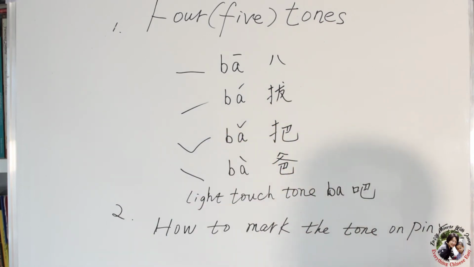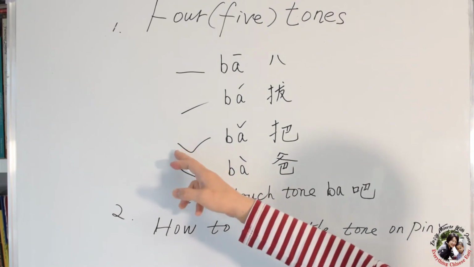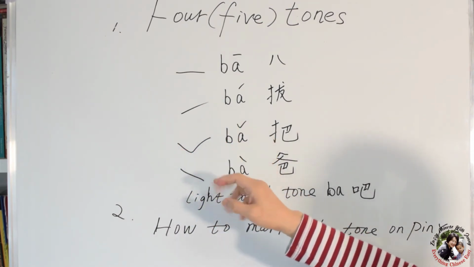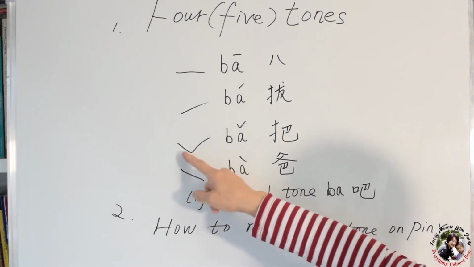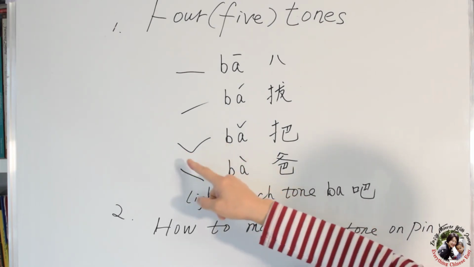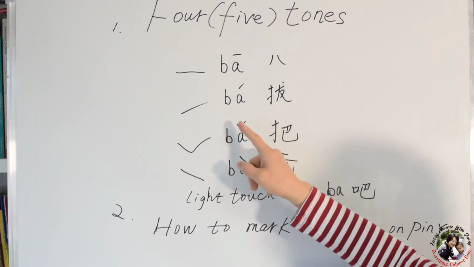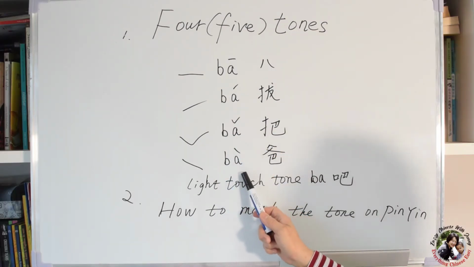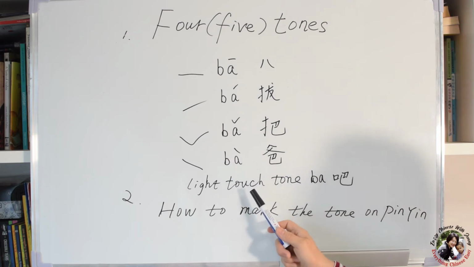You can feel your voice box. Ba, at the beginning it goes down, and then goes up. So this sign shows how to pronounce it. It's like ba.